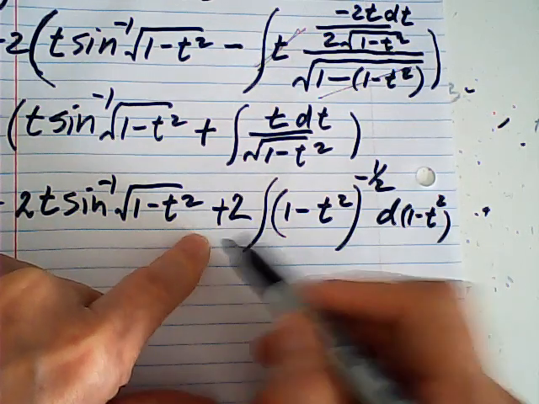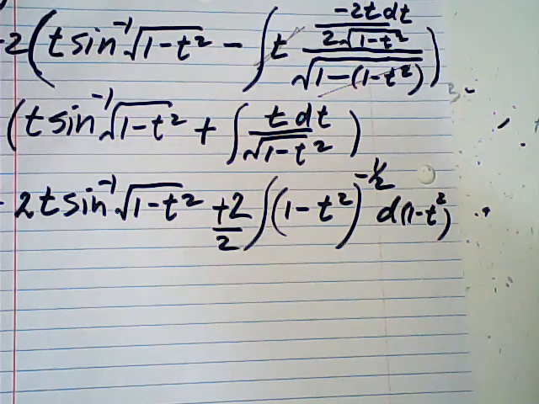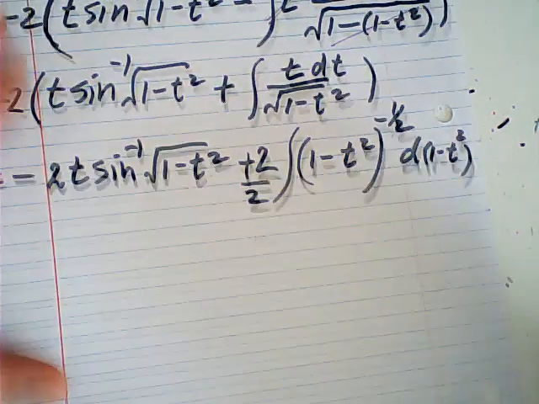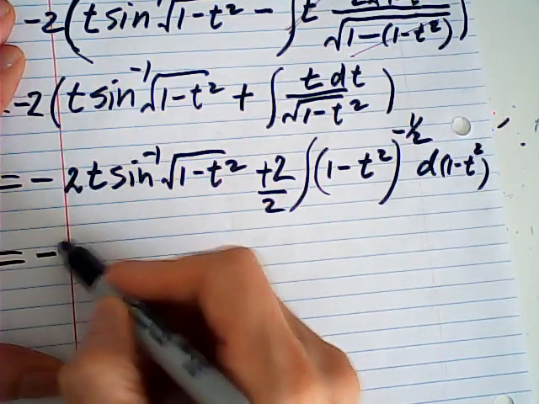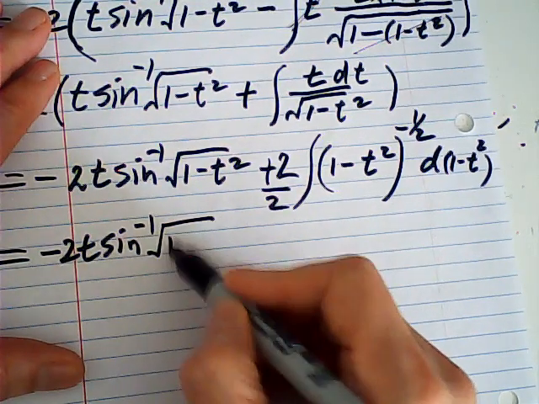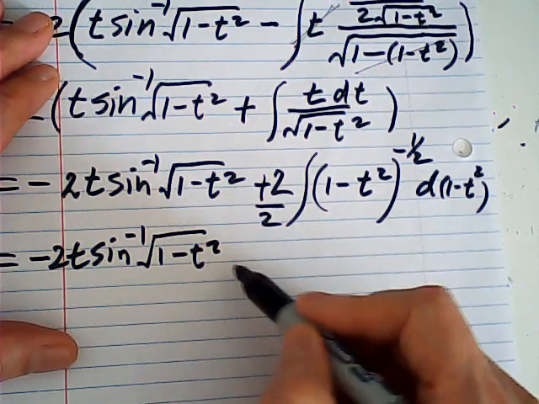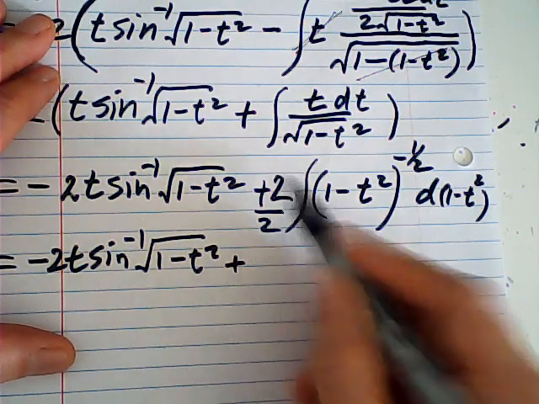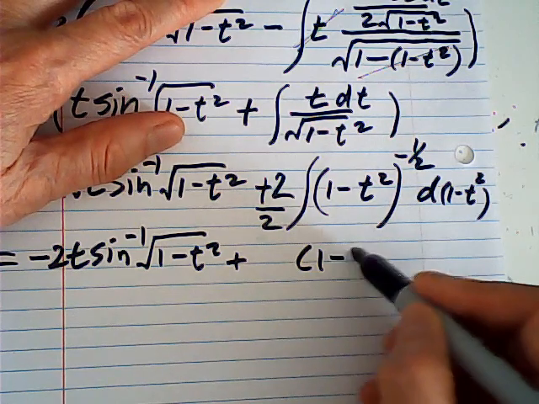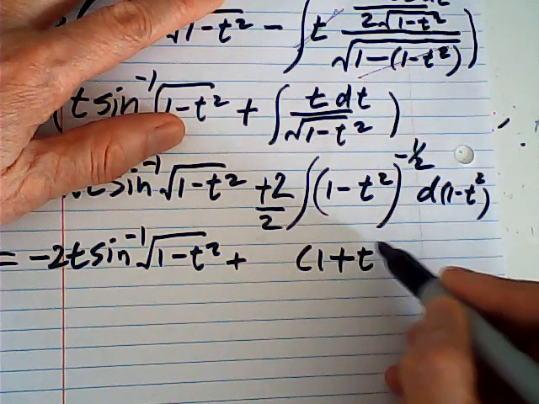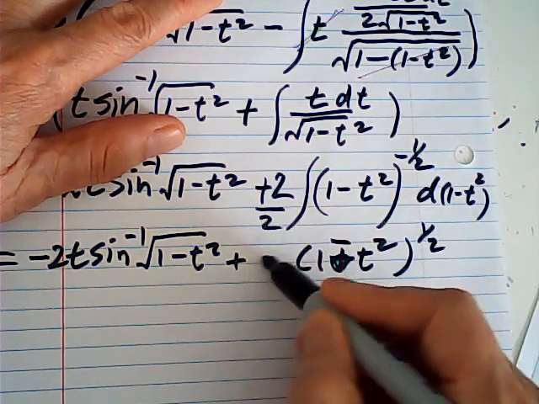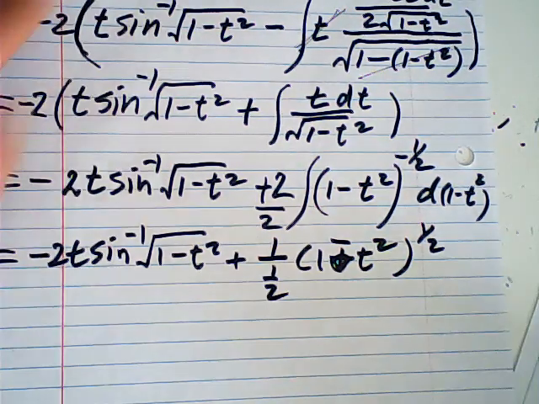I don't have 2, so I divide by 2 again. So far so good. So this is equal to negative 2t arcsine of 1 minus t squared plus this plus 1, right? This becomes 1 minus t squared to the half, 1 over half. Yeah, that's it.